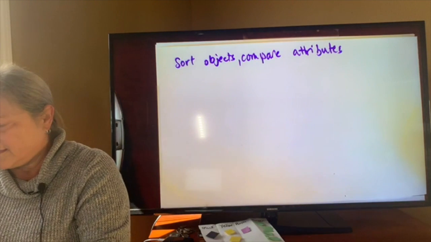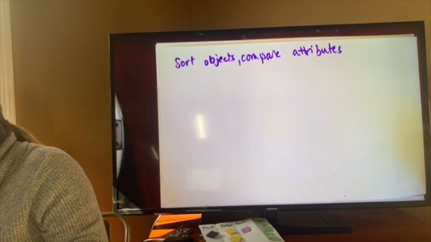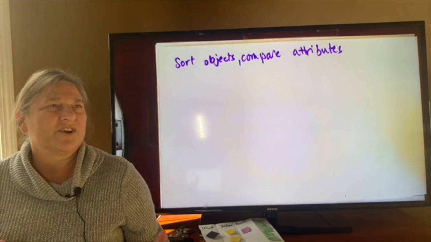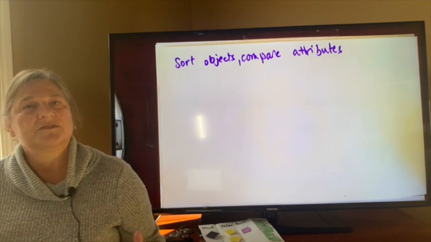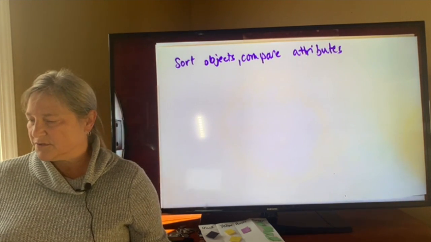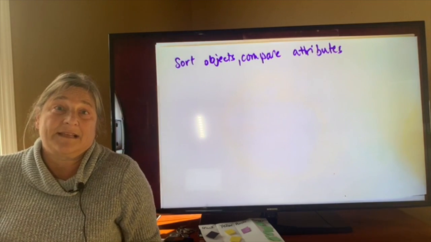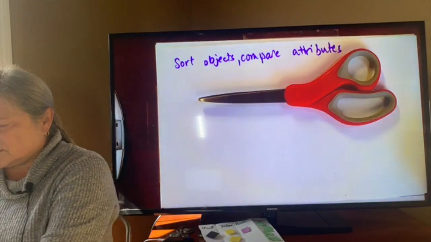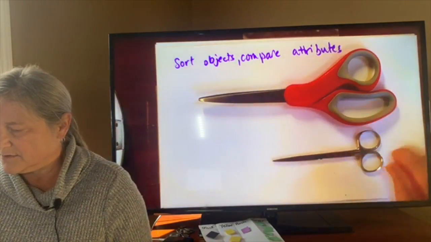And then the next one in kindergarten is taller, shorter, bigger, smaller, any of those kinds of things. So before you start your lesson with your students or your children, you can even ask them to try to find things just around the house that are taller or shorter.